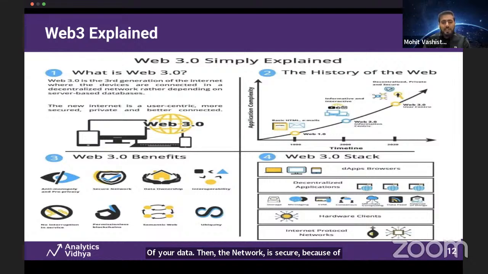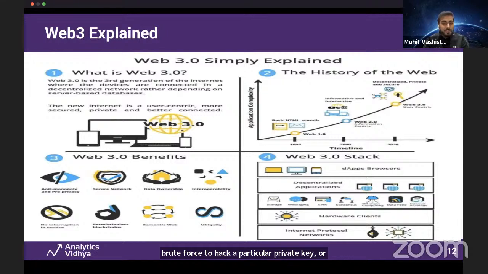If you take the most powerful supercomputer in the world, you cannot actually break SHA-256, because if you try brute force, you need at least 2 to the power 256 combinations to run, because it's a 256-bit algorithm. You get a 256-bit hash. So you will have to make that many combinations for a brute force to hack a particular private key or something like that, right? So it's a secure network.